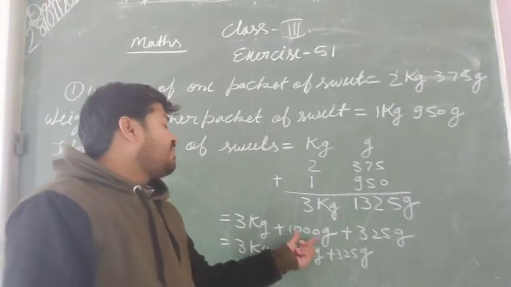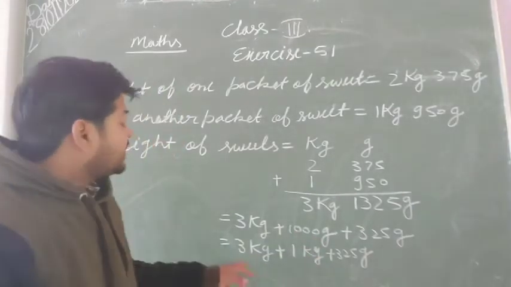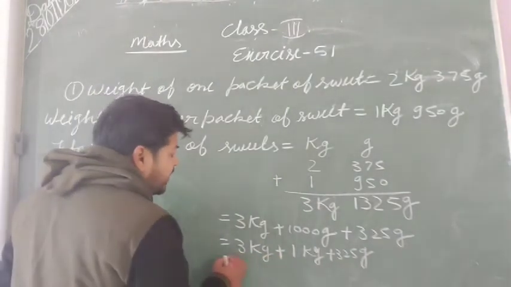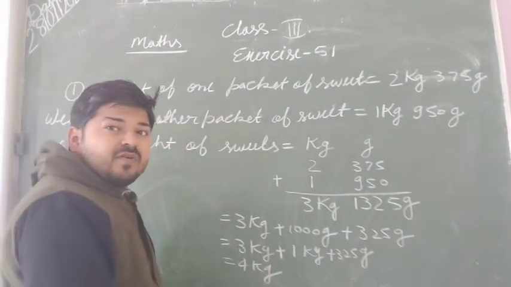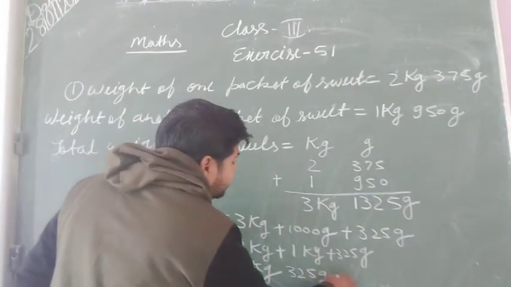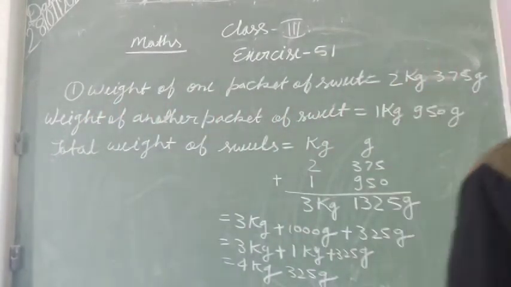So in place of 1000 gram I have written here 1 kg. Now kg and kg will be added. So 3 kg and 1 kg is 4 kg, 325 gram is your answer. Okay. So like this you have to solve.